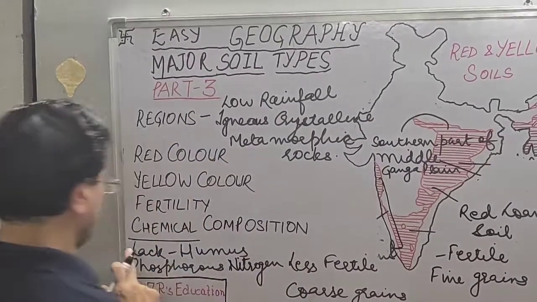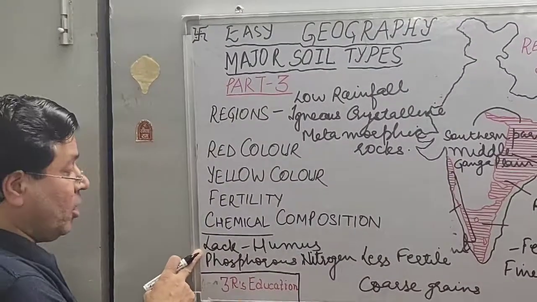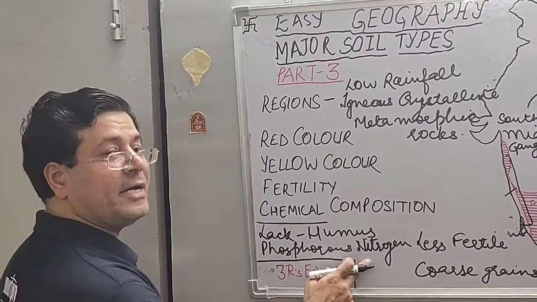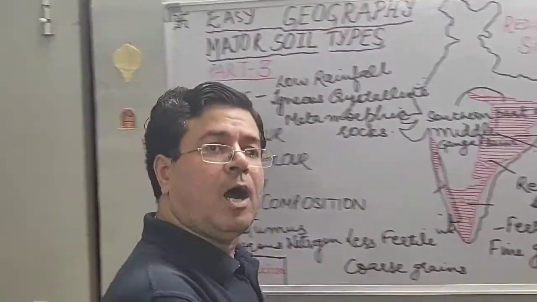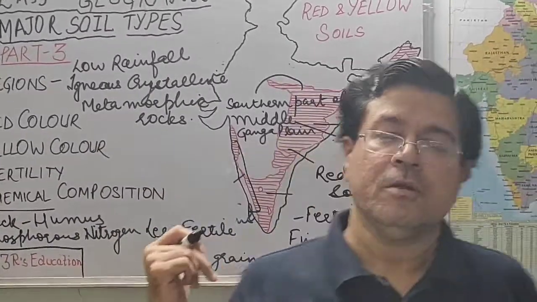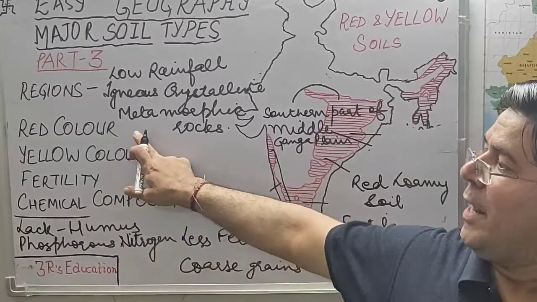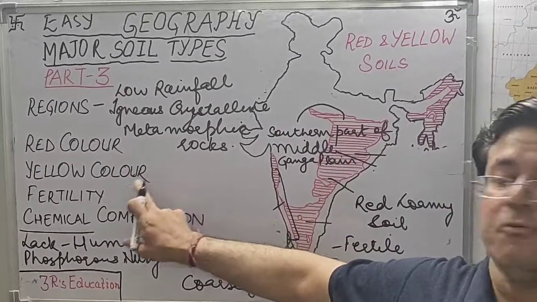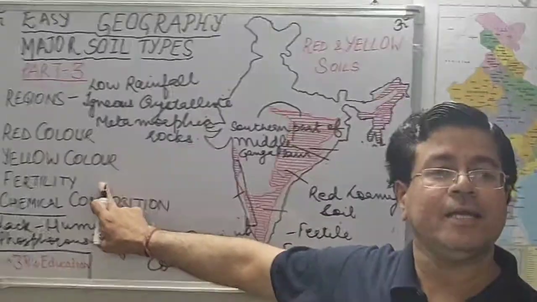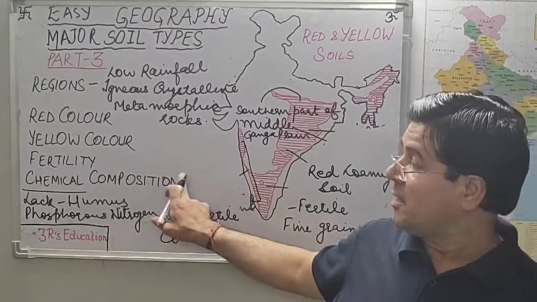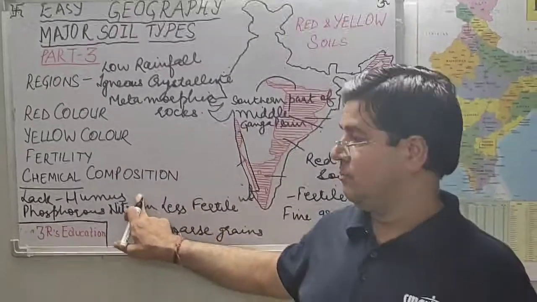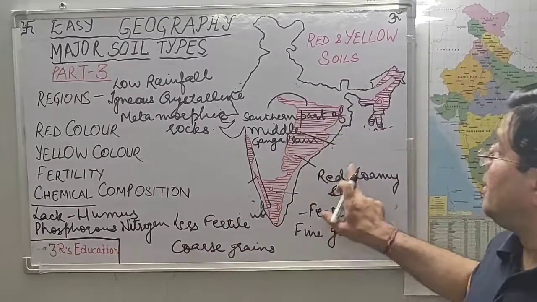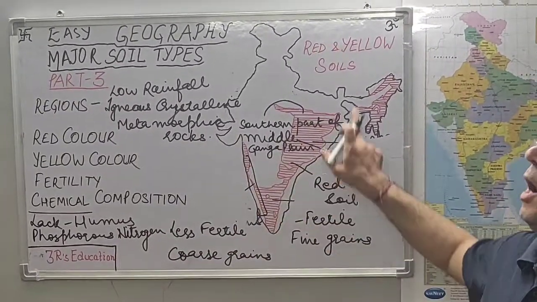They lack the elements of fertility because of deficiency in humus, phosphorus, and nitrogen. In this discussion, we have seen why they appear red and yellow in color, why they lack the elements of fertility, which chemicals these soils lack, and the areas where they are found.